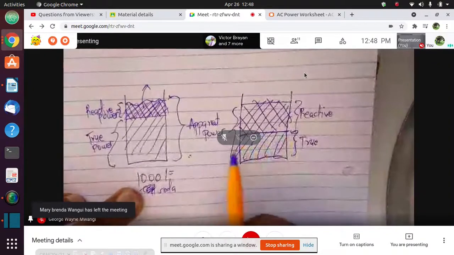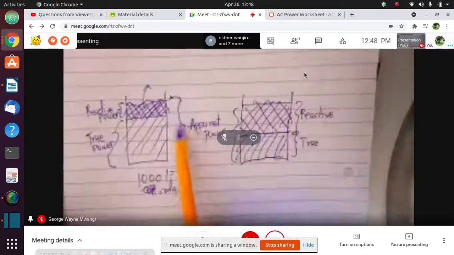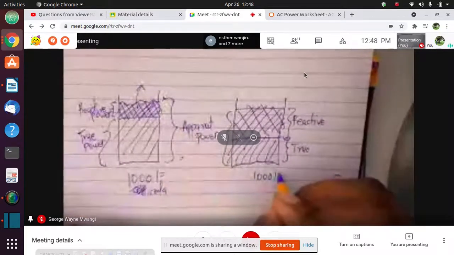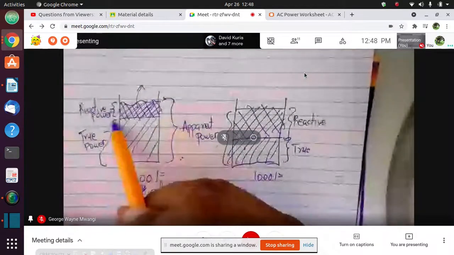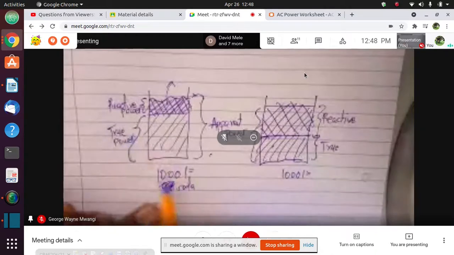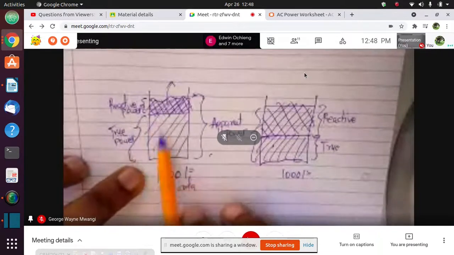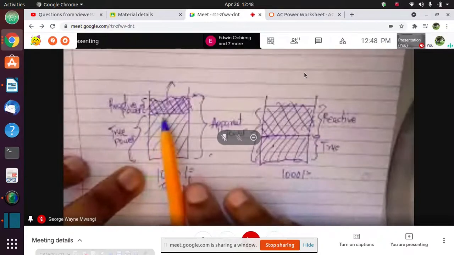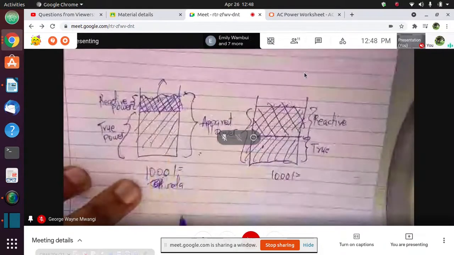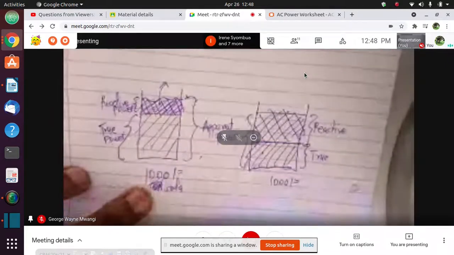And when you talk about this in terms of power, you will find that both of you are paying 1,000 shillings, but for that amount of 1,000 shillings, you are using more true power to power your machines, as compared to the one who is, let's say, using half of his soda or of his power. Both of you are paying the same amount.